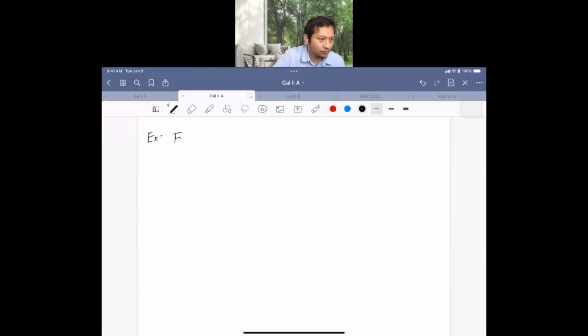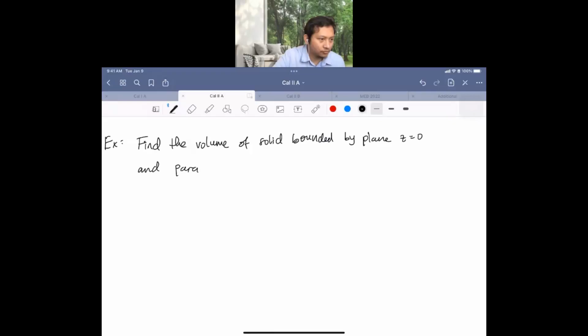Example: find the volume of the solid bounded by the plane z equals 0 and the paraboloid z equals 1 minus x squared minus y squared. Let me give you a couple of minutes to try.